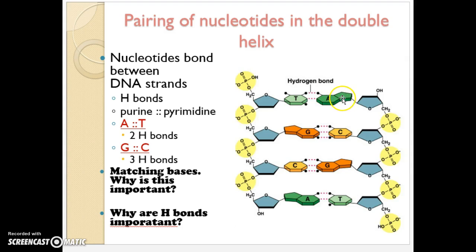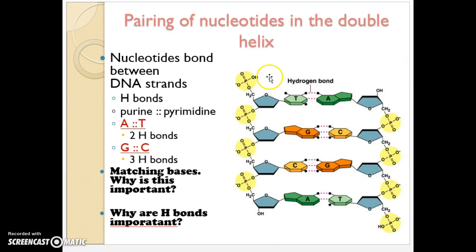Because, for example, if we had two purines bonded together here, and then two pyrimidines here, and two pyrimidines here, and two purines here, we would end up having our strands become wavy.